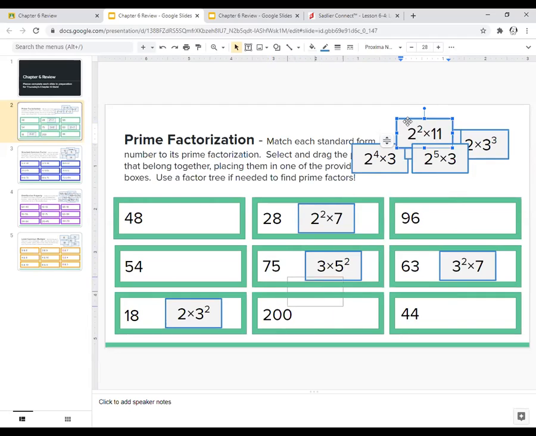There you go. She took 2 squared times 11 to match up with the standard number 44. And that's sort of like busting it up into primes. Notice those prime numbers are in increasing order. So 2 is a smaller factor than 11. So I put 2 squared before the 11 in increasing order. Got another one for me?